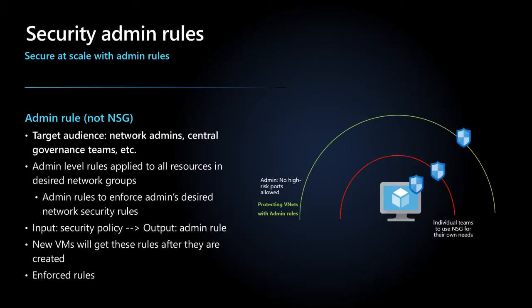Another application is that we also introduced a kind of rule called always allow. So you can say, I want to always allow the Windows Update port, so that even if your individual product teams want to block the Windows Update port and prevent Windows from being updated, administrators can still enforce it through admin rules with always allow. I will show you later what that means.